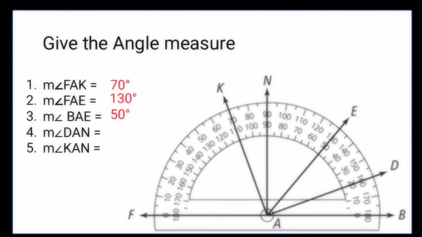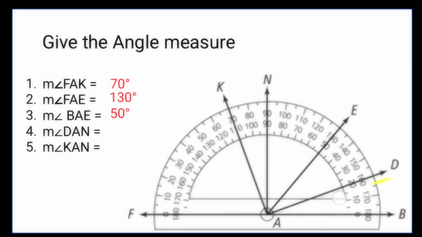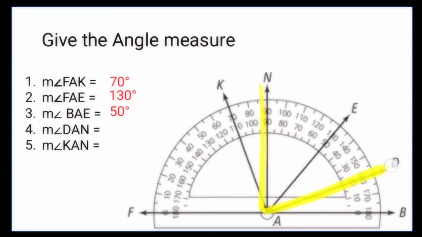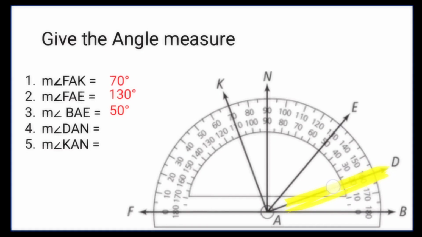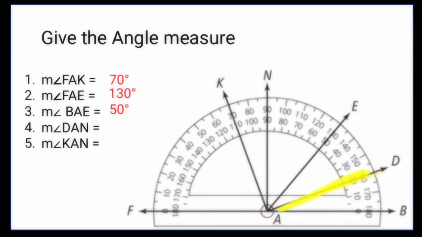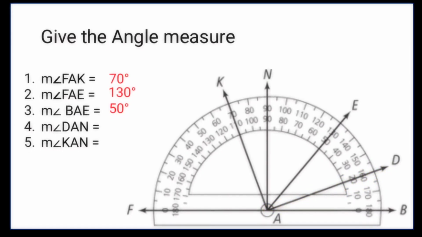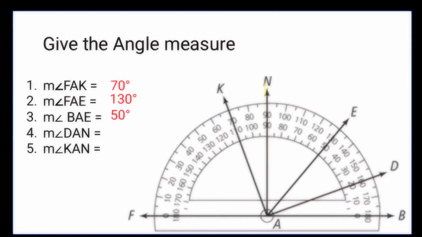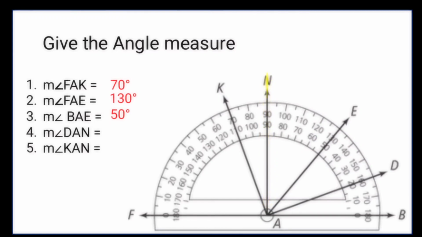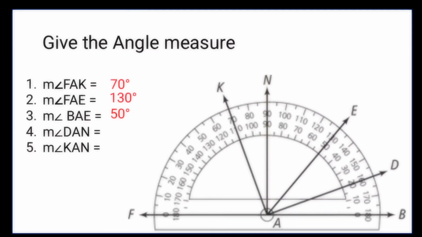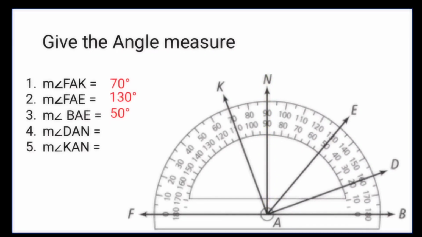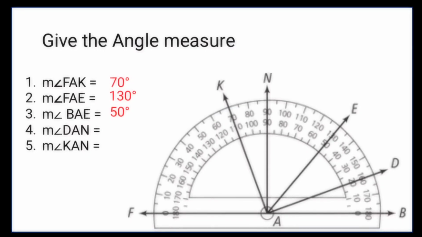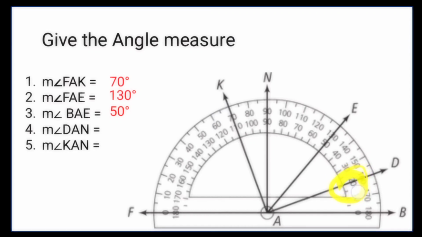Number 4, measure of angle DAN. So we have DAN. As you can see, D or this side, DA, is not on the baseline. Okay, it's not on the 0 degree marking, as well as this side AN. So in that case, we will get their values, whether it is the inner scale or the outer scale. So let's try the inner scale, which is 20 here.